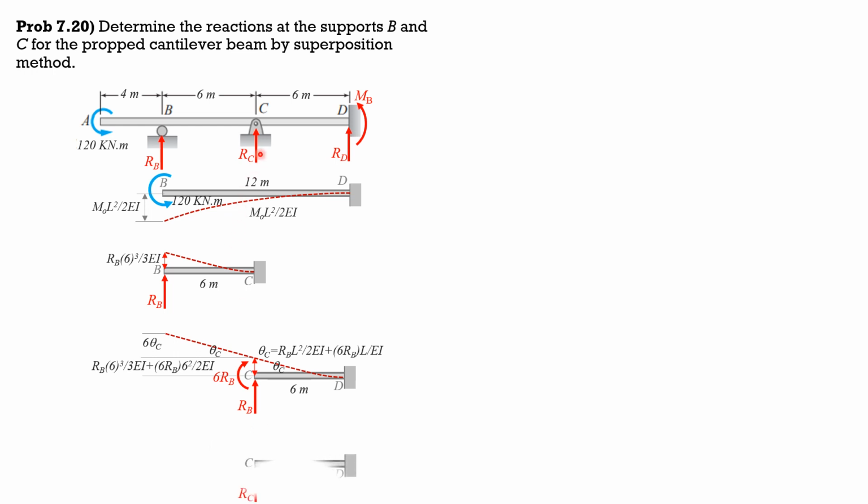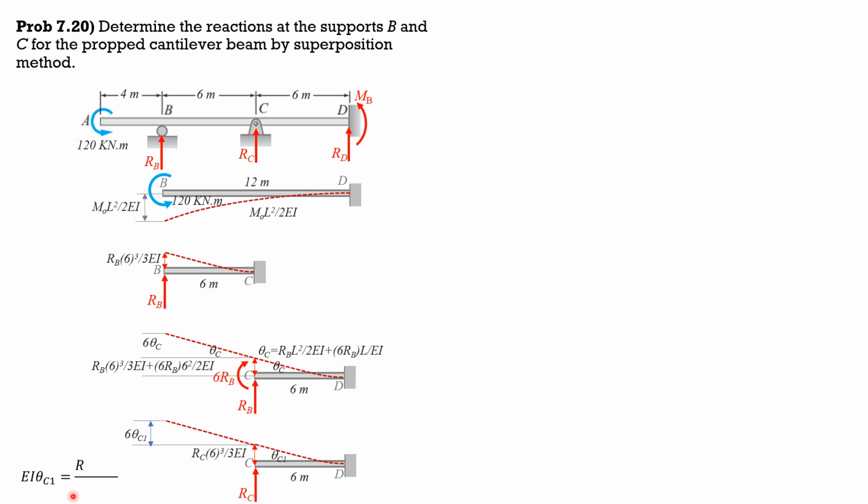Then finally, due to RC alone, it will deflect with a slope of theta C, which is RC L square over 2EI. So that is RC L cube over 3EI. But the slope theta C1 is, let's solve it, RC L square over 2EI. So this vertical distance is 6 theta C1, and this one is already known.